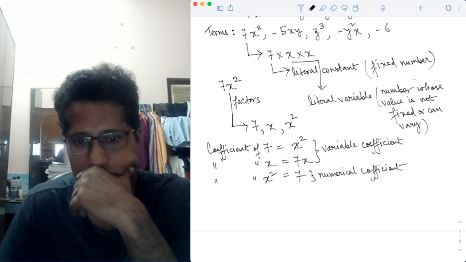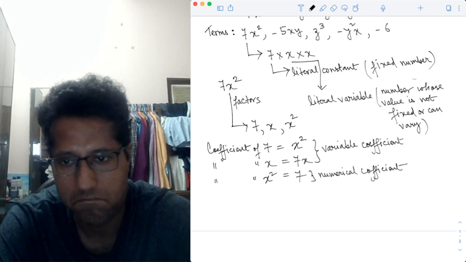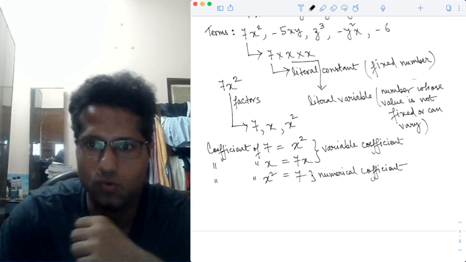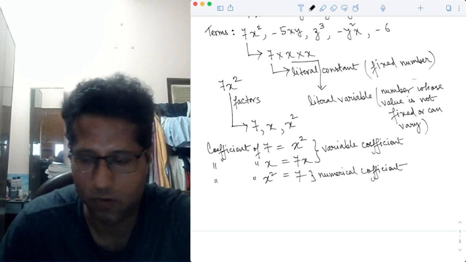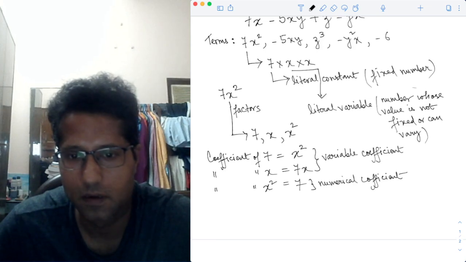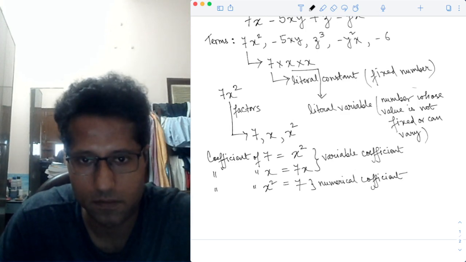Okay. So we discussed the coefficient of a factor in a term. Just for your understanding, let me quickly explain what the possible coefficients are. Let's take the term minus y square x.